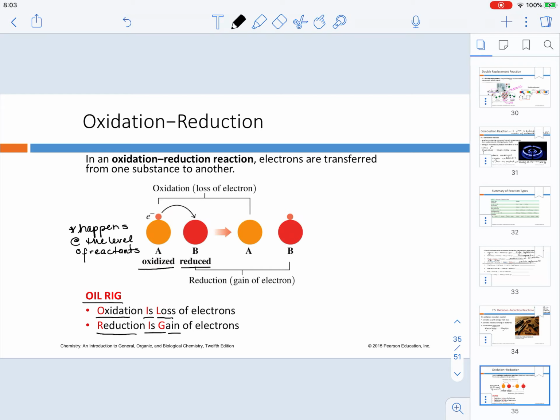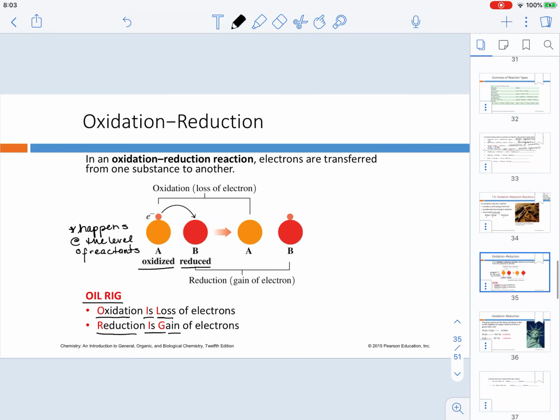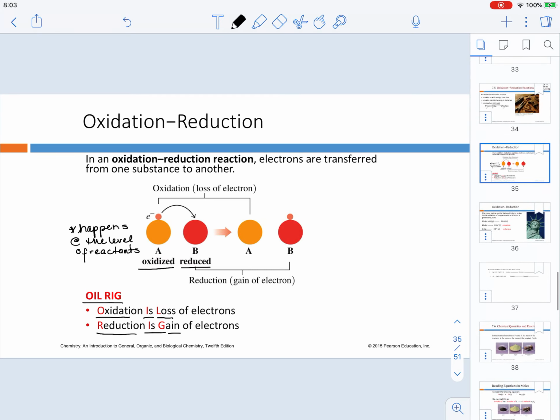Now, in order to determine specifically what is getting oxidized and what is getting reduced, we should remember the rules for oxidation numbers. There are 3 basic rules, and this is what's going to help you determine what gets oxidized and what gets reduced.